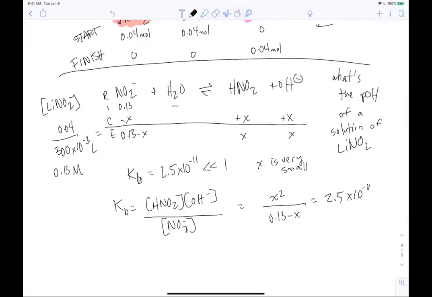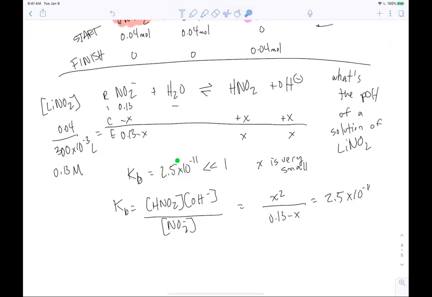Because remember, K describes how far the reaction is going to go to the right. And X is a measure of that in a sense. It's saying how much of the reactant is going to be converted over into product. And so these two things are related, X and Kb.